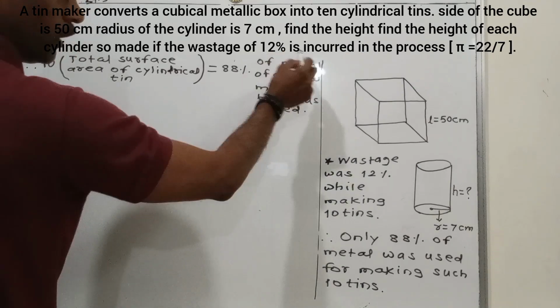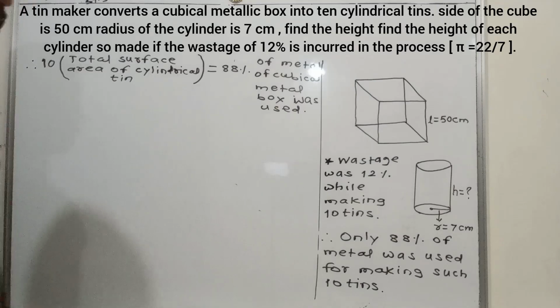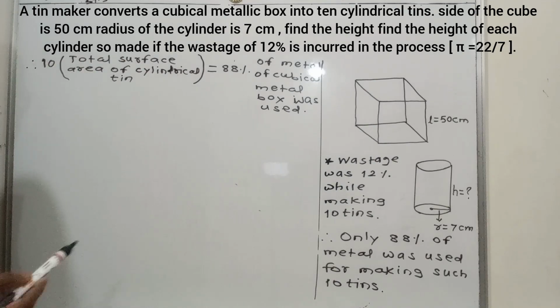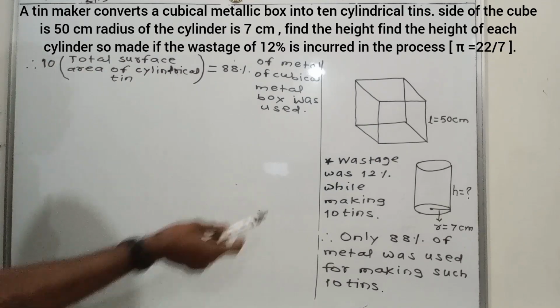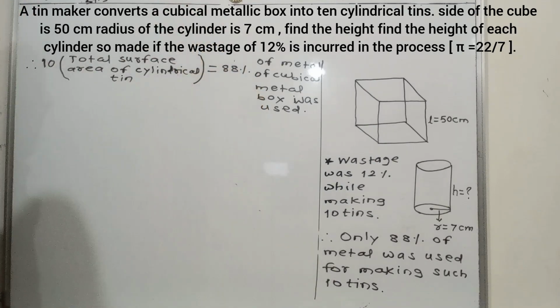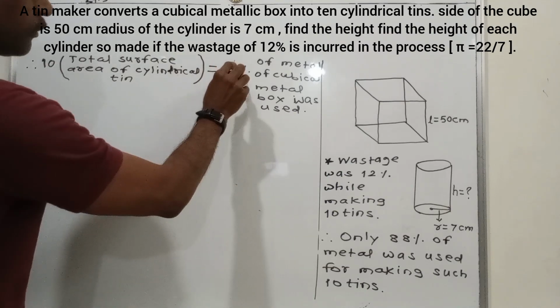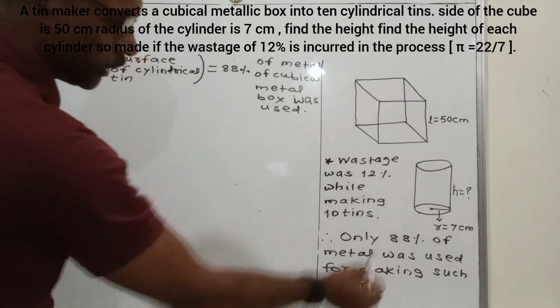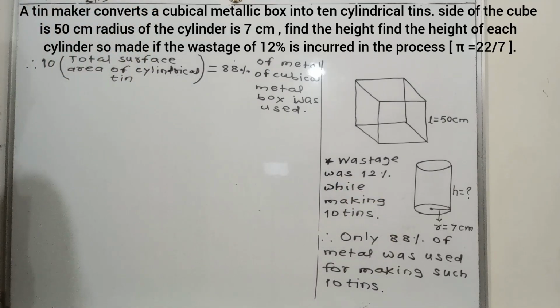Means we write total surface area of this cubical metallic box, and that is 88% only, 88% only, because 12% wastage in that metal.